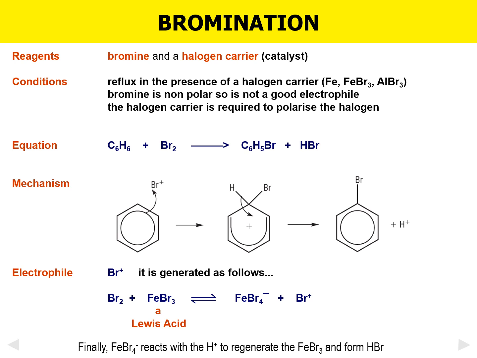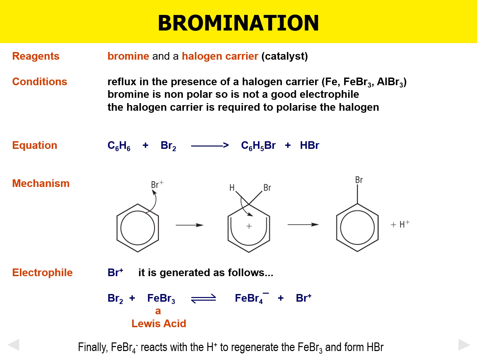The halogen carrier catalyst is iron(III) bromide, or iron can be used as it will react with bromine to form the required iron(III) bromide in situ. The conditions for this reaction are room temperature and the catalyst of iron or iron(III) bromide.